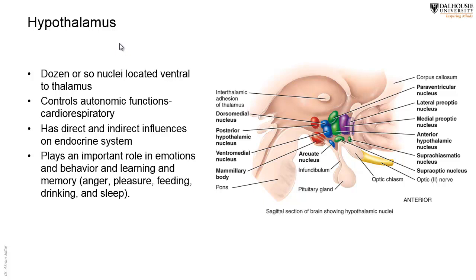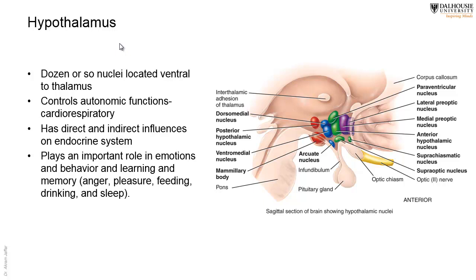So that's why it is mentioned here that the hypothalamus has influences on the endocrine system, and these influences could be direct or indirect. Indirect, it could be through the pituitary gland, and direct because it secretes hormones directly to the circulation. And it plays an important role in emotion, behavior, and learning.